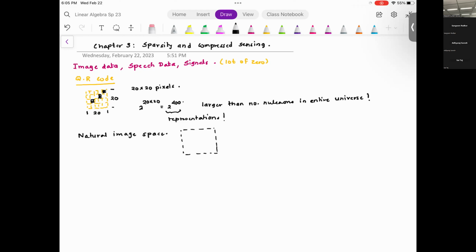All the physical images that we see or that we can potentially represent, either by pictures or drawings or sketches or anything that you can think of, form a very small subset of this huge image space.